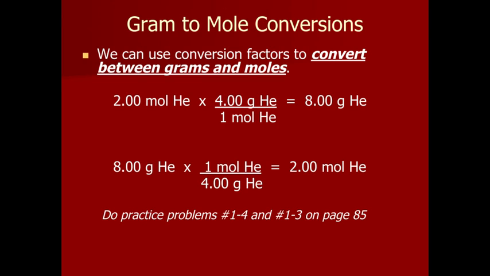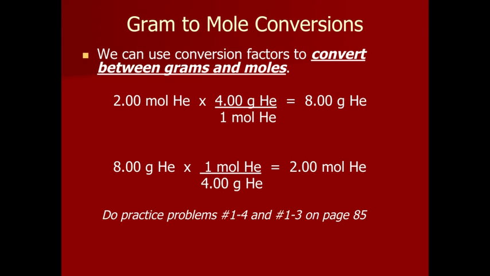Okay, so for example here, if I have 2 moles of helium, I can look on the periodic table and see that the molar mass is 4.00. And so I can take 2 times 4.00 and I get 8 grams of helium.